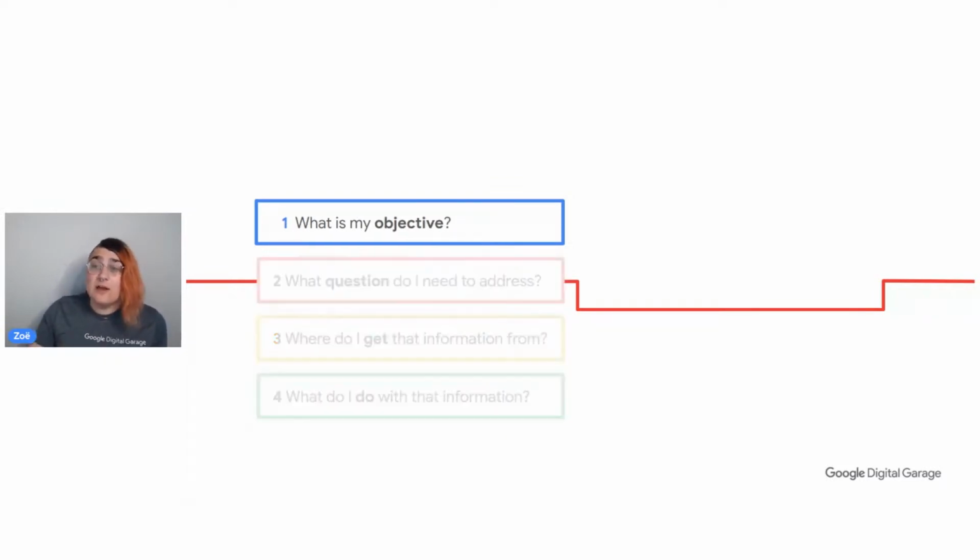But first of all, what is your objective? We need to define what our objectives are. We need to work out what exactly your business is hoping to achieve. Because anybody who's opened up any kind of analytics platform before, whether it's Google Analytics, or your Facebook page insights, or your Twitter analytics, you've probably seen that there's a lot of data out there.